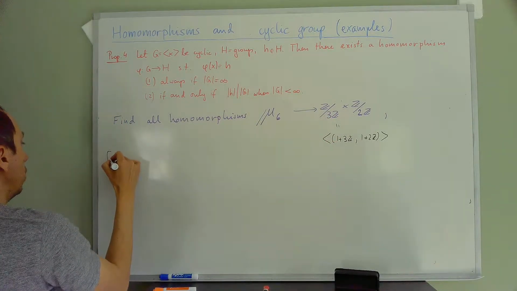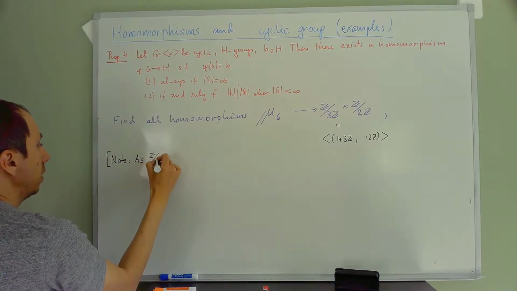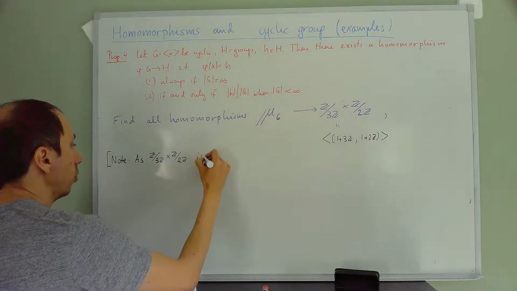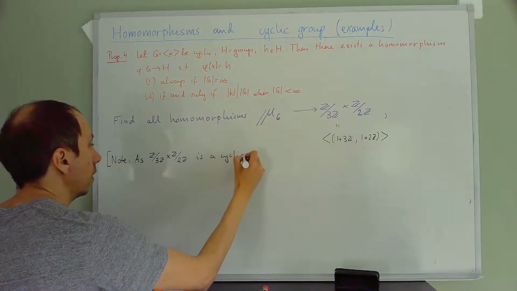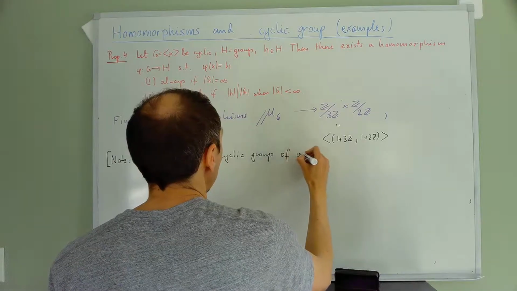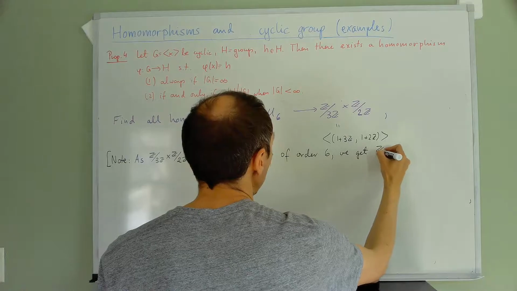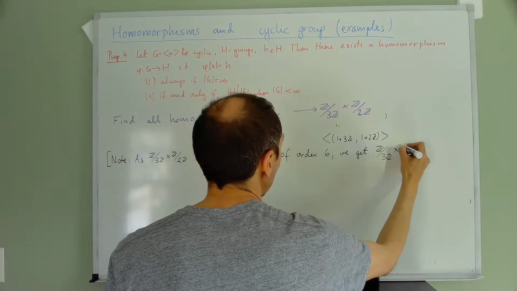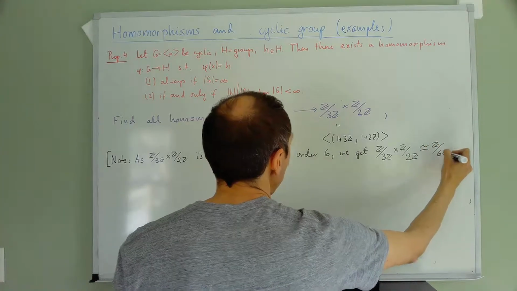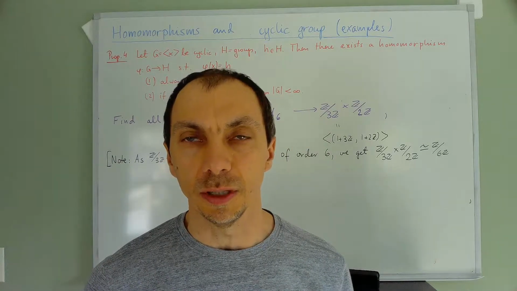Note, as Z mod 3Z cross Z mod 2Z is a cyclic group of order 6, we get that it's isomorphic to Z mod 6Z, because every cyclic group of order n is isomorphic to Z mod nZ.